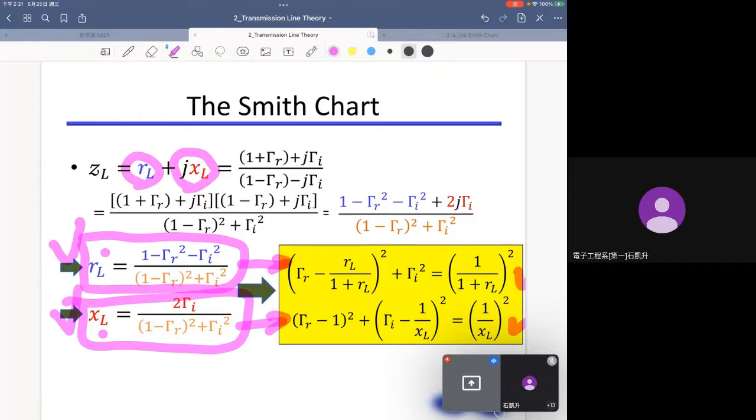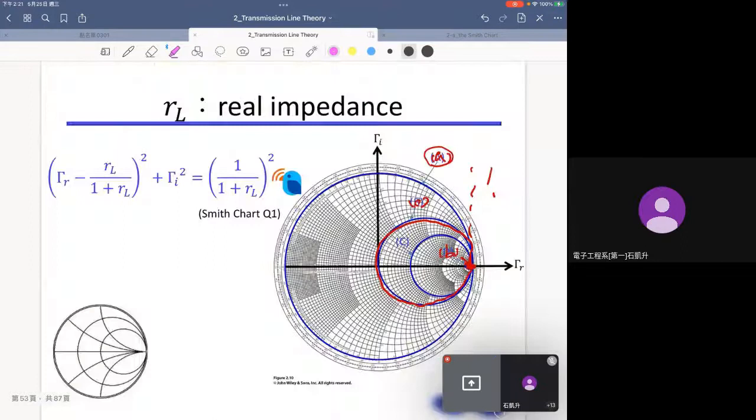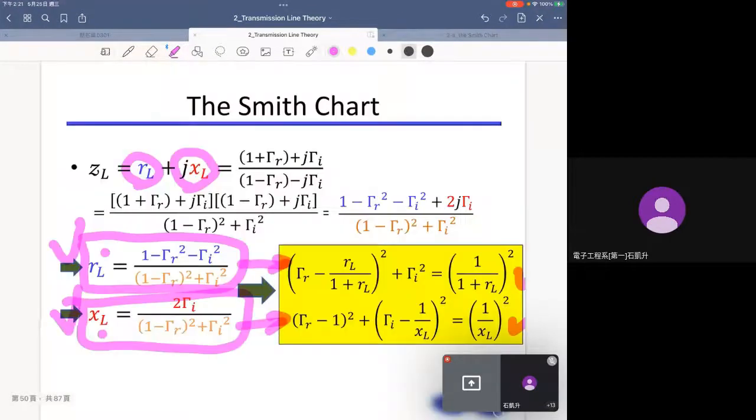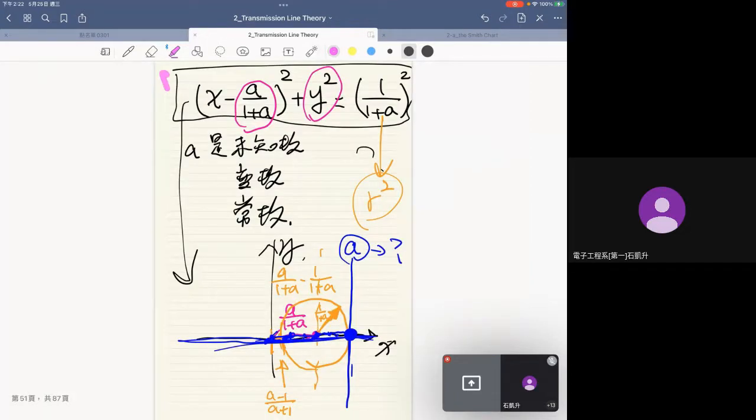For the first, this is what we call the real circle. Remember, this is a normalized impedance real circle. This one is similar. You just change the notation to this equation.